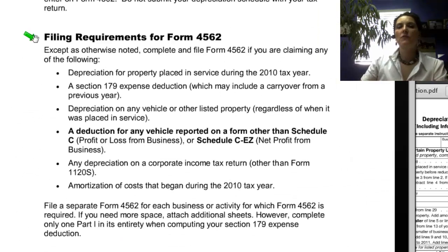So filing requirements for completion of Form 4562, that is, when do I need to file the form?